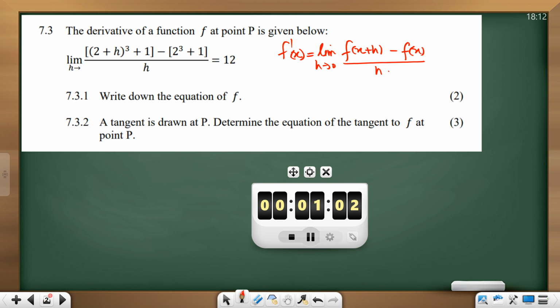Compare what I have on the left to what I have on the right. They can see the x, right? Guys, anybody? f of x, you have 40 seconds left.